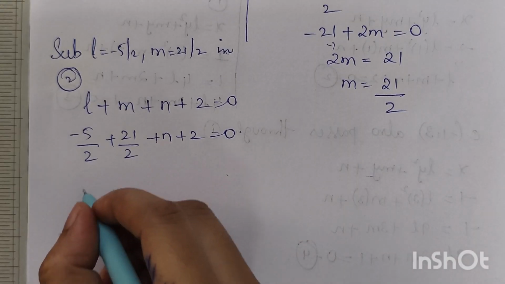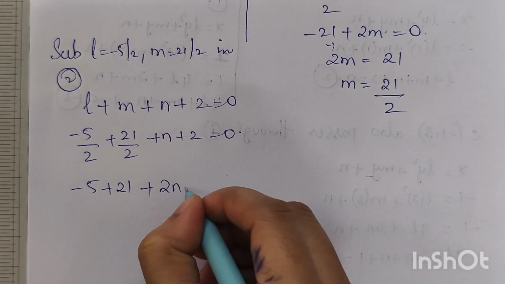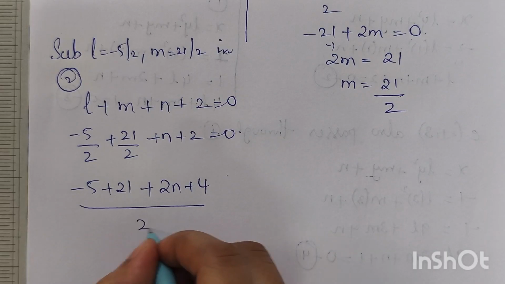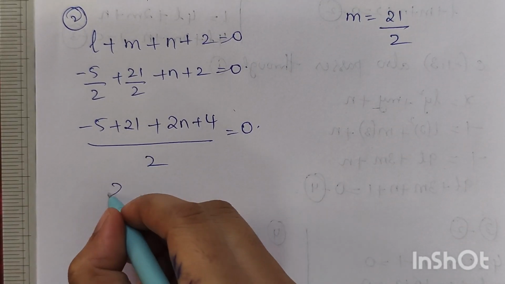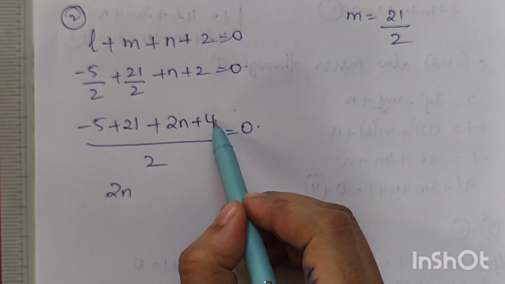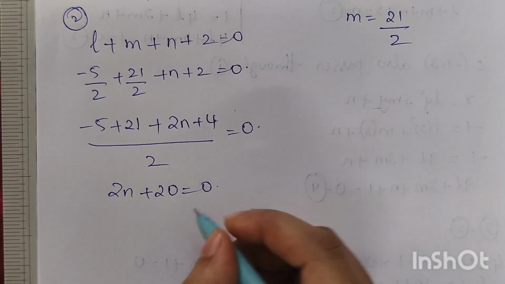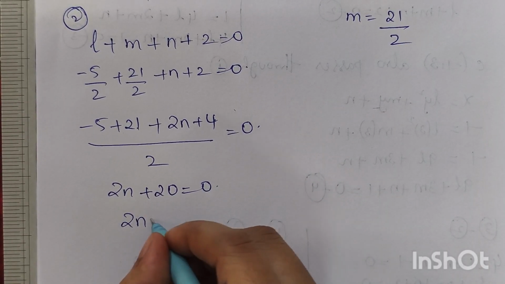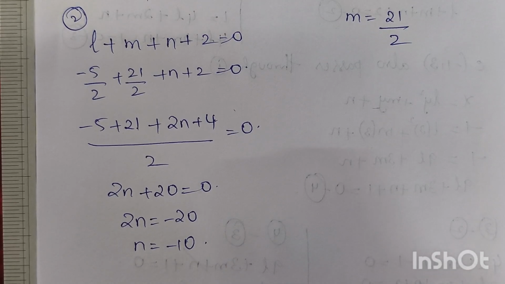Taking LCM here, we'll get (-5 + 21 + 2n + 4) whole by 2 = 0. So we'll get here 2n. 21 + 4 is 25, 25 - 5 will be + 20 = 0. So 2n = -20, n = -10.